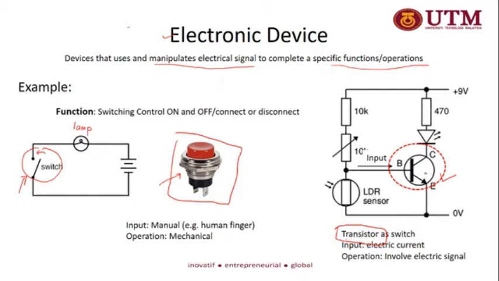This is not about mechanical operation, but involves electronic signal. For example, in this circuit, the input is connected with the LDR sensor, a light sensor. So we can switch on this LED or lamp according to the level of brightness. This is how the electronic device can be applied in an actual application.